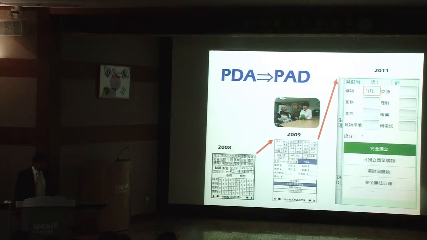So from our first generation design to the second generation to the third, you can see that the interface is much different. The characters are much easier to read, and I believe some of you can read the Chinese characters. And even for the data entry, we use large buttons.